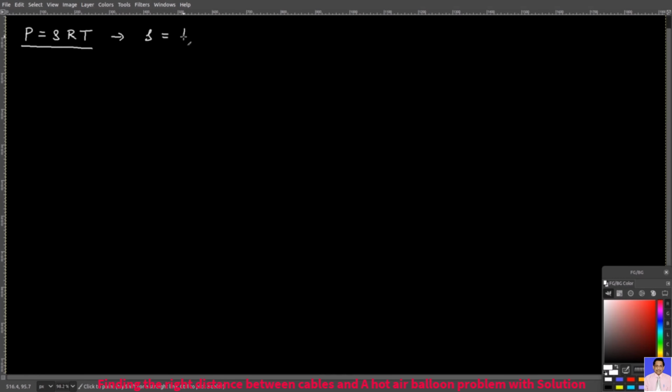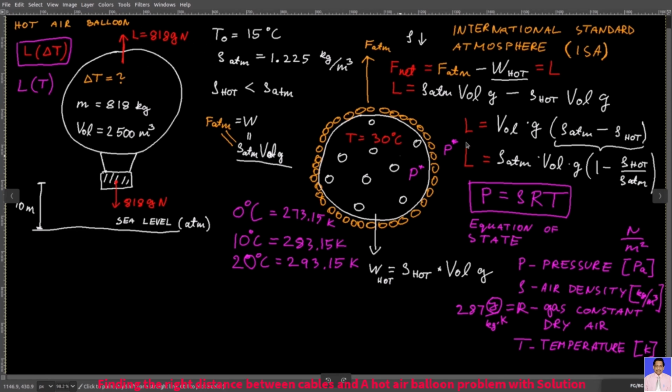Rho equals P over R times T. T is temperature, and you can see that they are inversely proportional to each other. If T goes up, then rho goes down, because T is in the denominator. And if T goes down, then rho goes up. And so this lift force that we ended up having had to equal 818 G newtons.